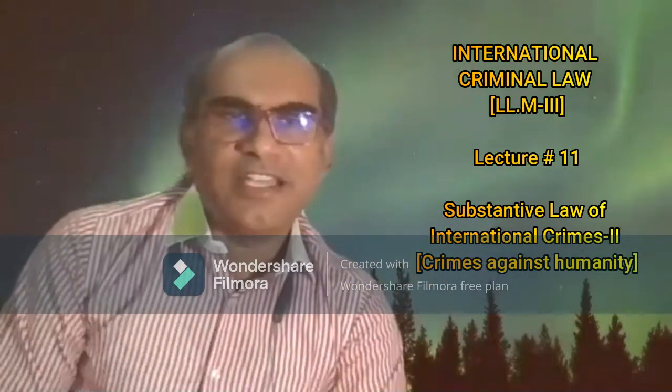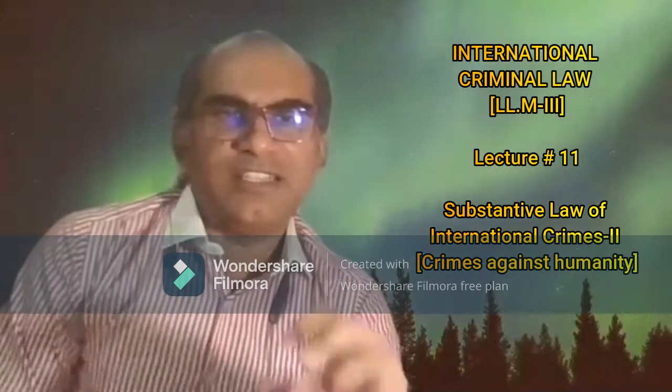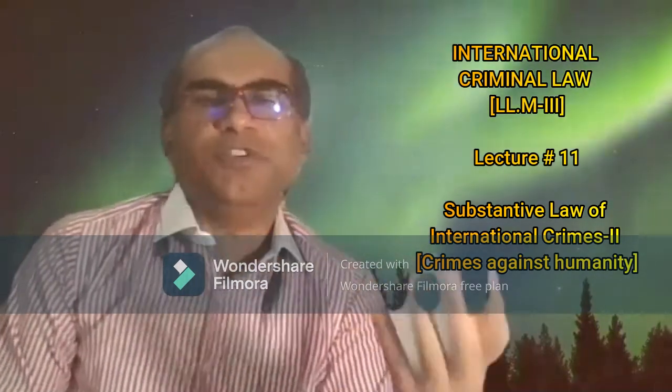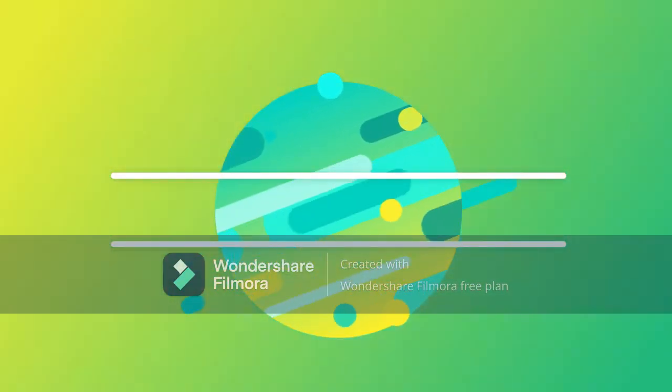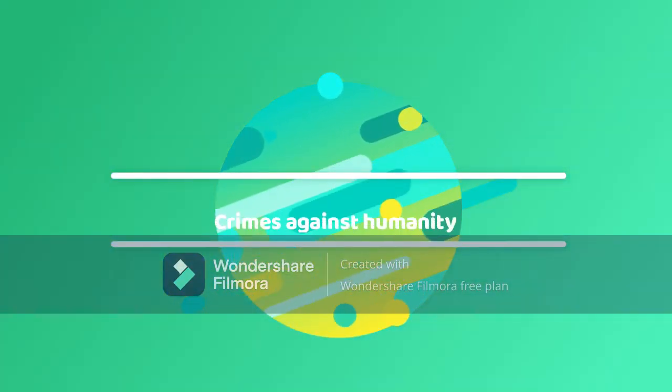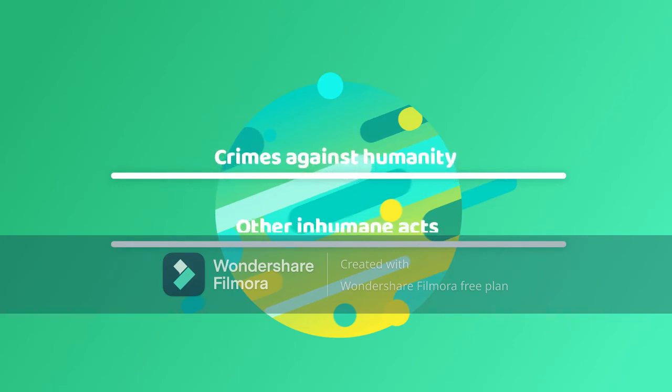The clause K constitutes the offense against humanity of other inhumane acts. This is the last clause, the last element of that offense. The perpetrator inflicted great suffering or serious injury to body or to mental or physical health by means of an inhumane act.